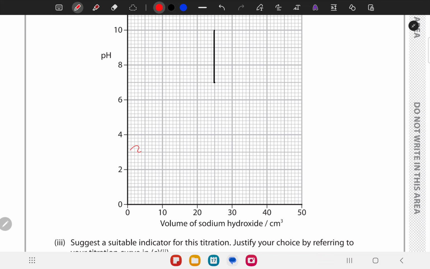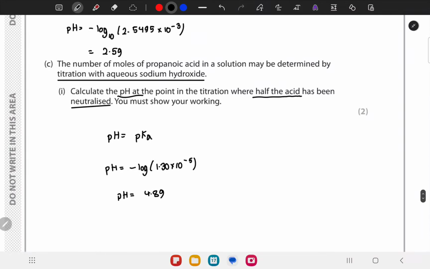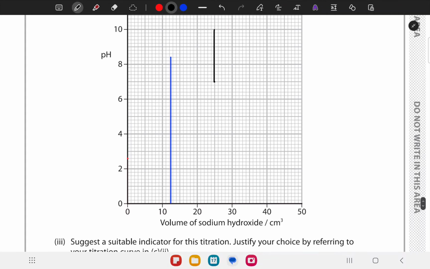Half neutralization happens at 12.5 cm cube, so somewhere on this vertical line, and at that point we have a pH of 4.9, so somewhere over here.